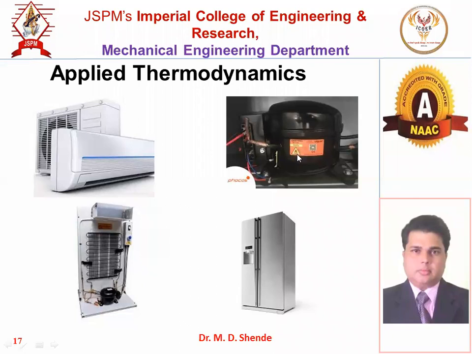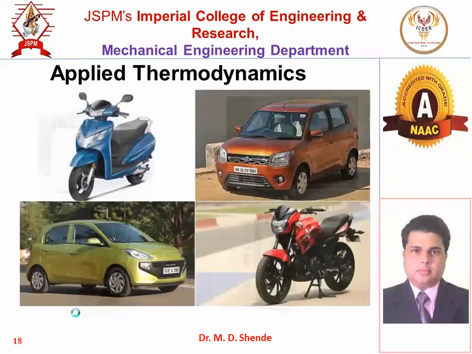In our domestic refrigerator, if you see the back side, you will find the compressor. This is the back side of your domestic refrigerator. This is the compressor, this is your condenser, and this is the evaporator, which is inside the box of the refrigerator. Inside this box the evaporator is present, which will do the cooling effect.